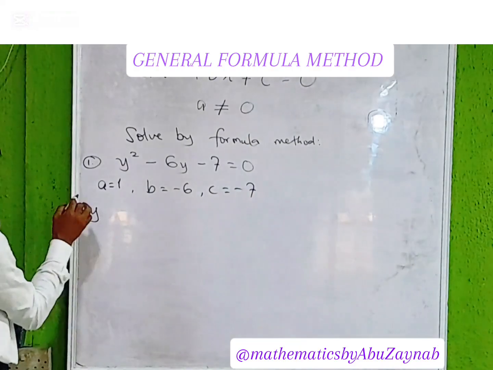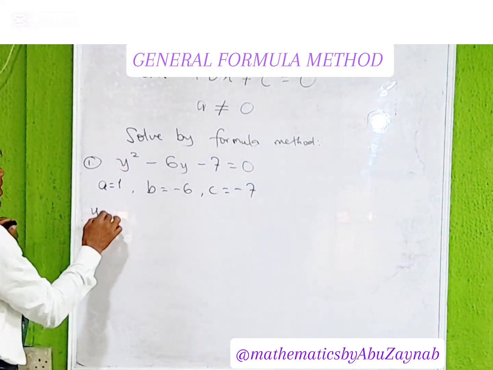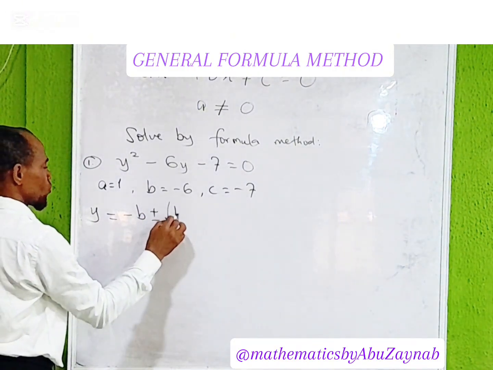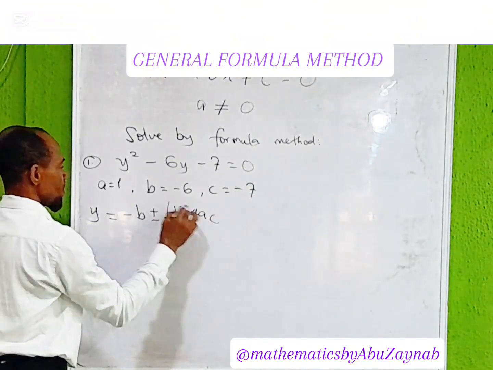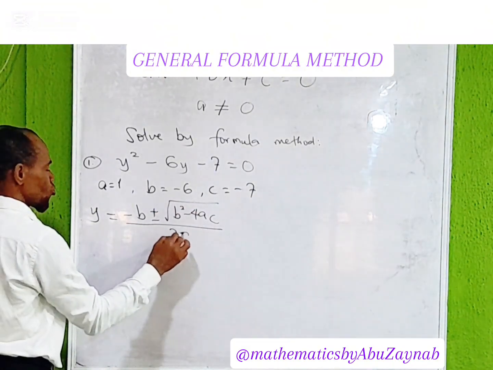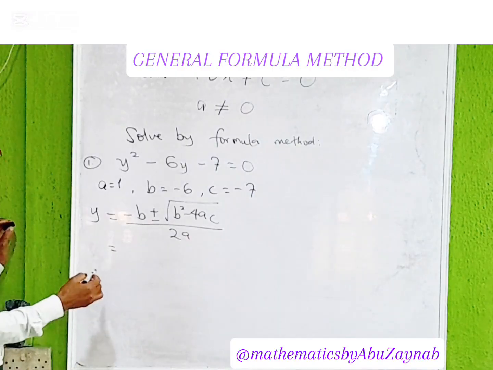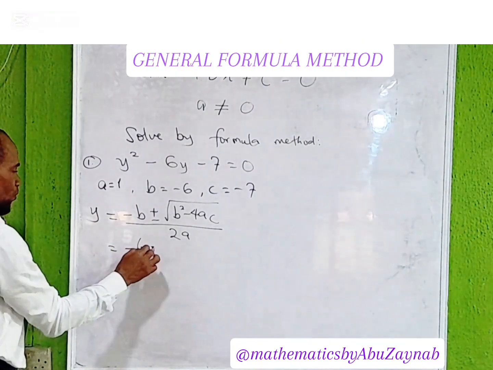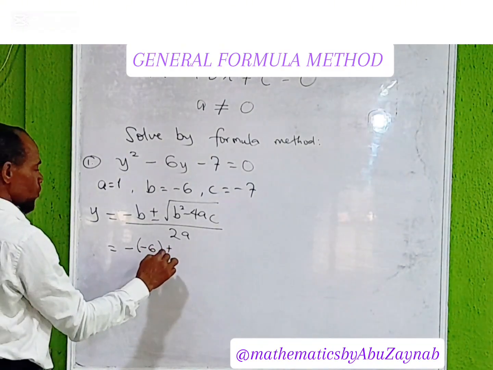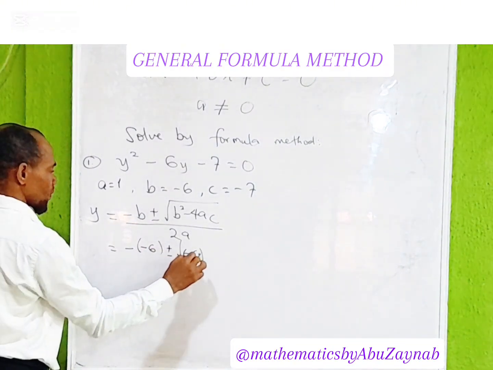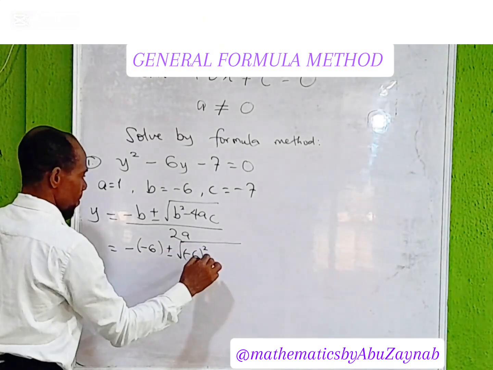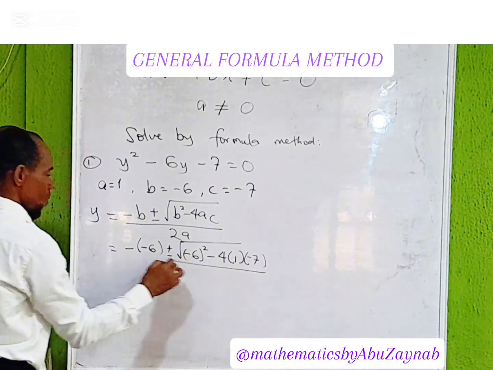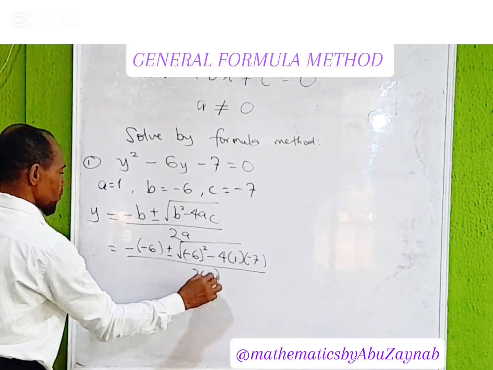Then we are actually solving for y this time around, not x. So y is equal to, the formula is minus b plus or minus root b squared minus 4ac over 2a. All you need to do in this method is to just substitute. So you have minus b, b is minus 6, plus or minus root 6 squared minus 4, a is 1, c is minus 7, over 2a, which is also 2 times 1.